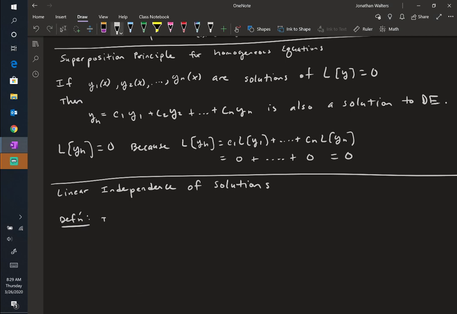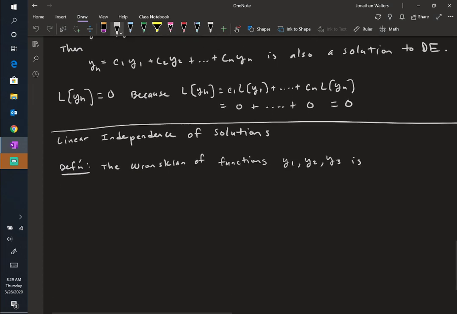The Wronskian of functions, we'll just do a simple set of three functions, y1, y2, y3, is W of y1, y2, y3, and it's just a 3 by 3 determinant.